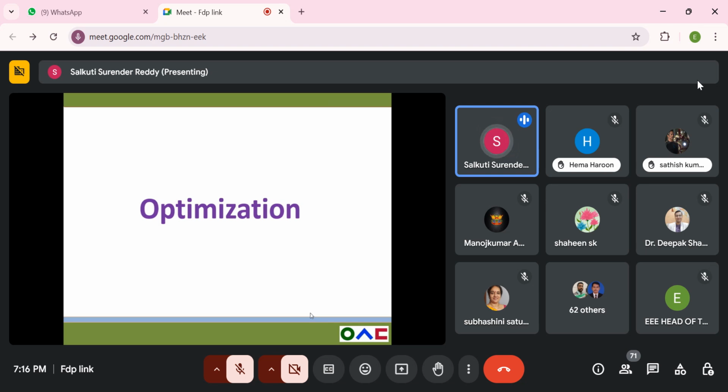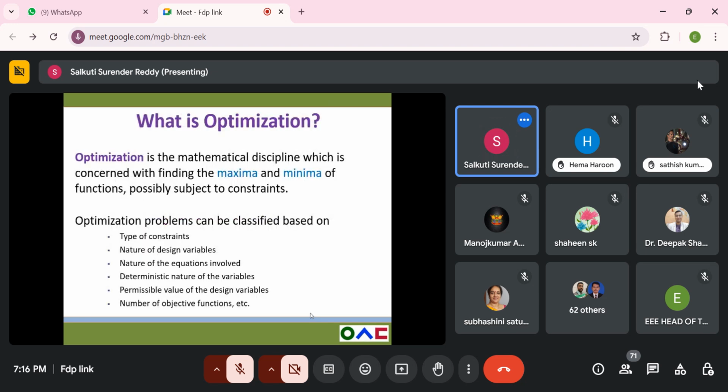Let's see optimization now. Optimization, as we all know, is a mathematical discipline where we use an optimization algorithm to find a maximum value or minimum value subject to various constraints, maybe equality or inequality constraints.